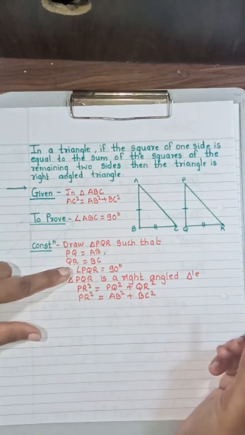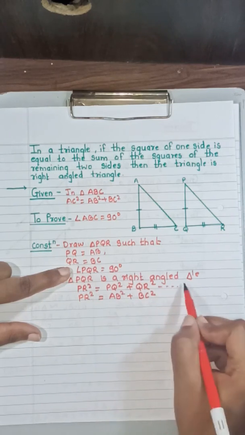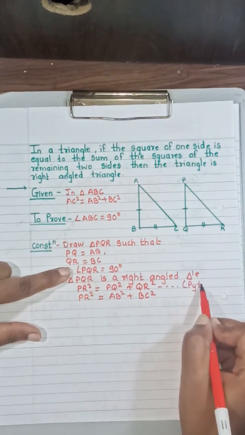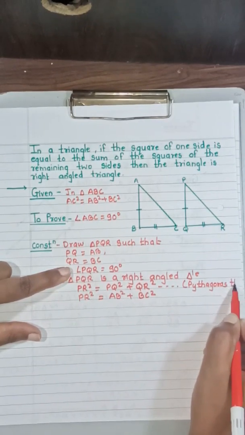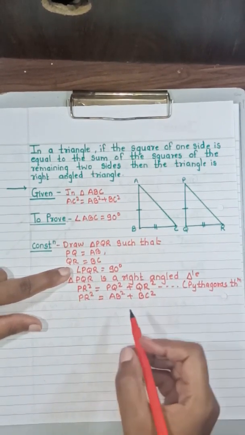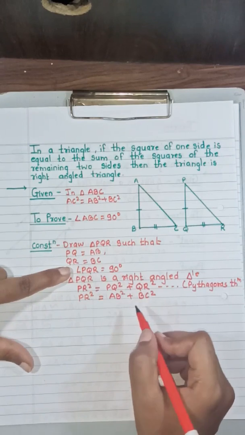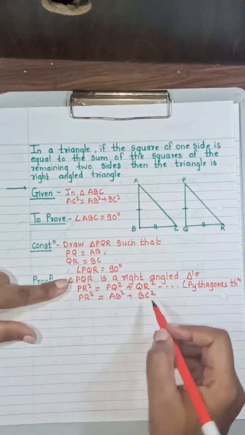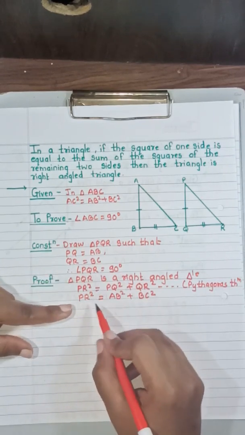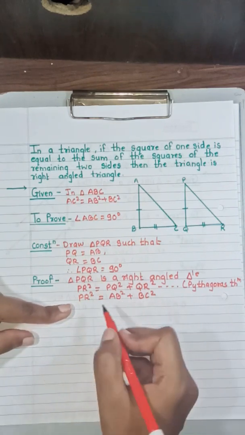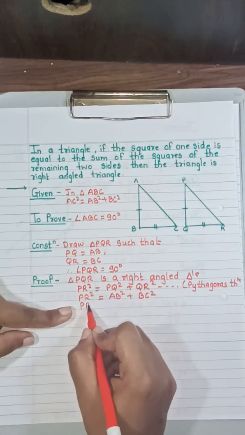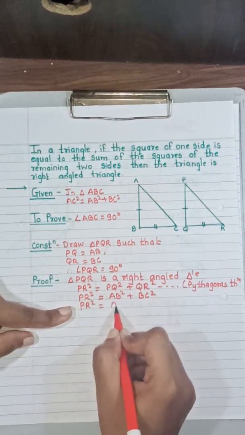Here write down by Pythagoras theorem. Now PR square is equal to AB square plus BC square. Then PR square is equal to AC square.